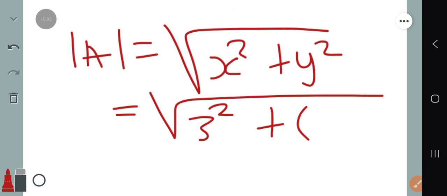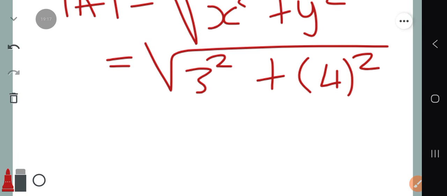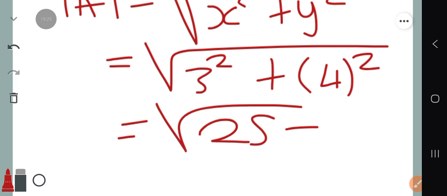It was 3i plus 4j, so j means y. You get the coefficient of j, you square it. So 3 square is 9 plus 4 square is 16, and 16 plus 9 gives 25, and the square root of 25 gives 5. So this is the magnitude of A, 5.